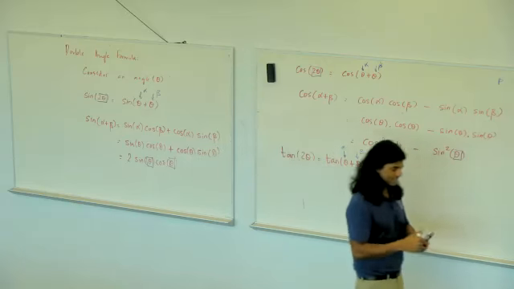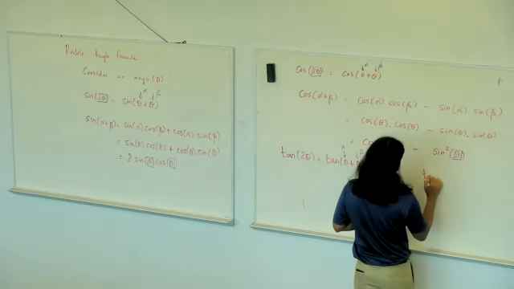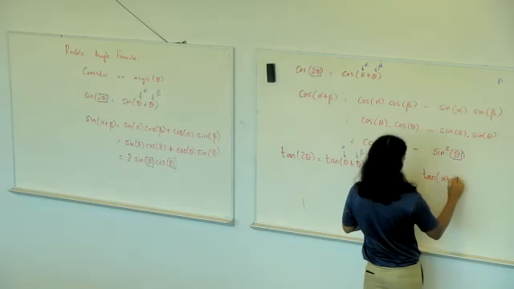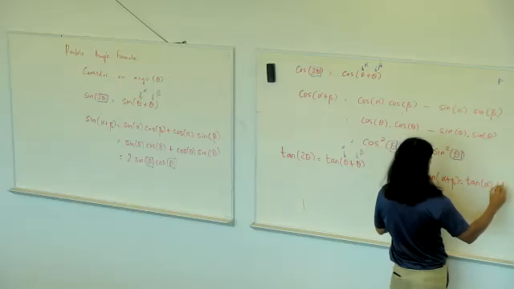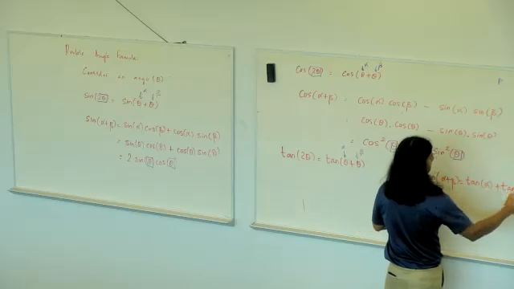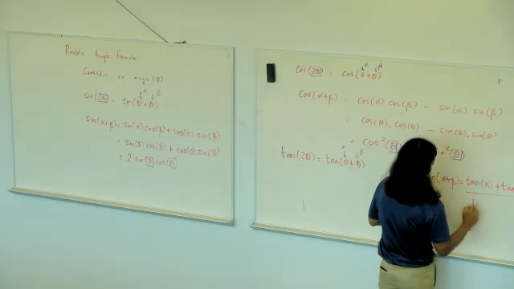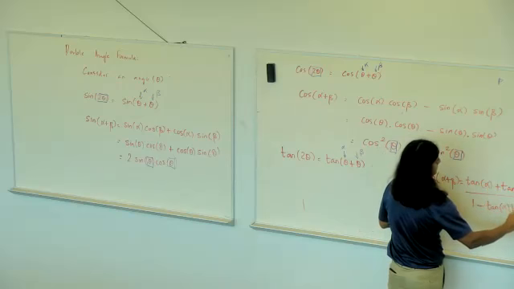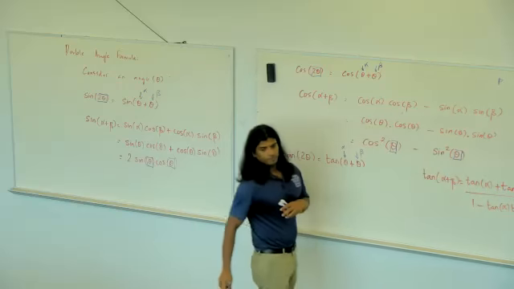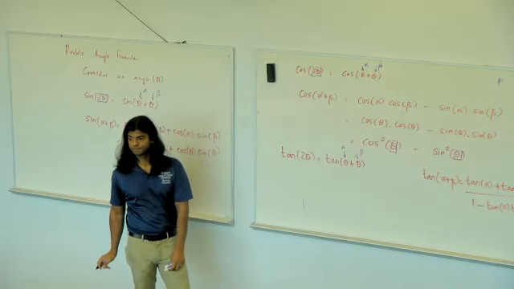And what is the tangent formula? Tangent alpha plus beta is, from earlier, tangent alpha plus tangent beta divided by one minus tangent alpha tangent beta.